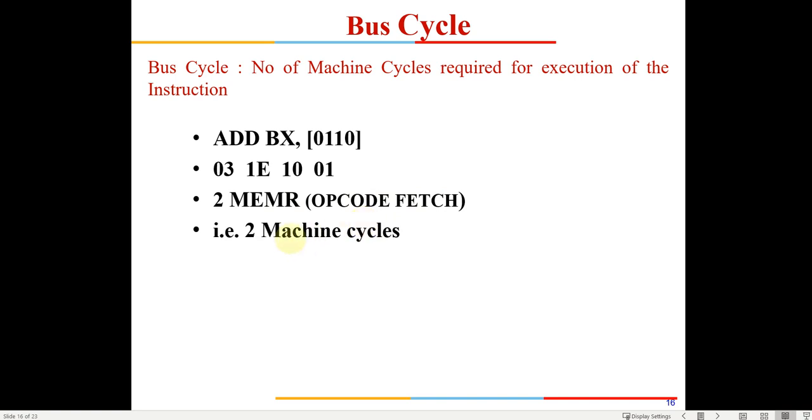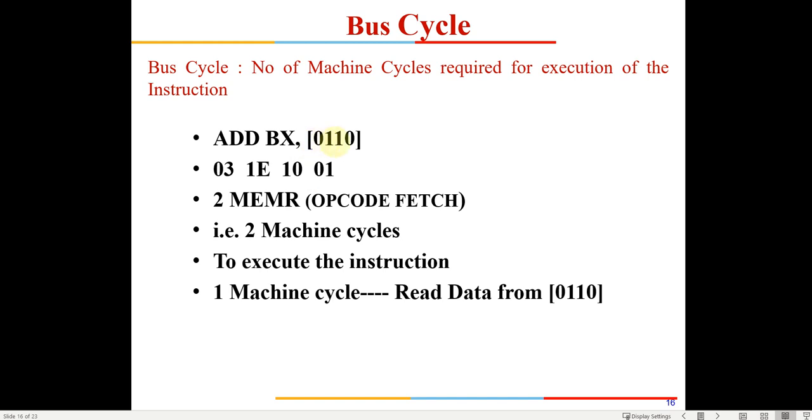To execute the instruction, again we need to get this data, only the physical address has been generated in the opcode. Now you need to read that data from that memory location. So one more machine cycle is required in the execution part. So the total machine cycles required is 3 machine cycles. Is it okay now?